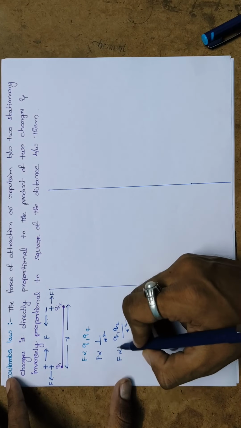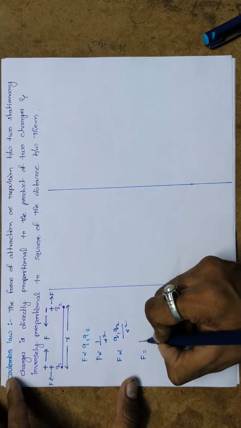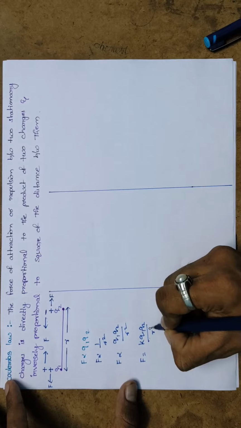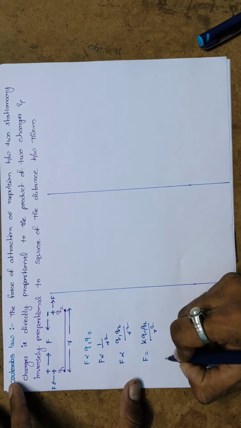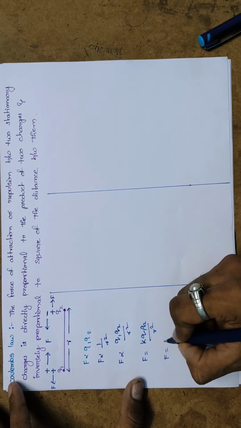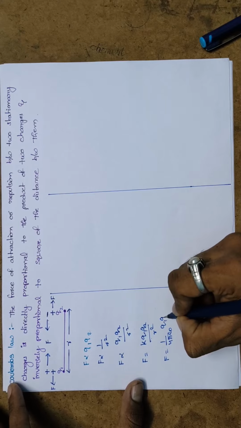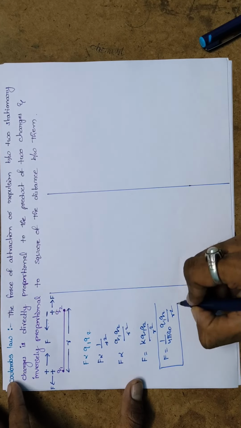Now I am going to remove this proportionality constant, so we can write F is equal to k Q1 Q2 by r square, where k is a constant. So F is equal to 1 by 4 pi epsilon naught into Q1 Q2 by r square. This is the Coulombic force.